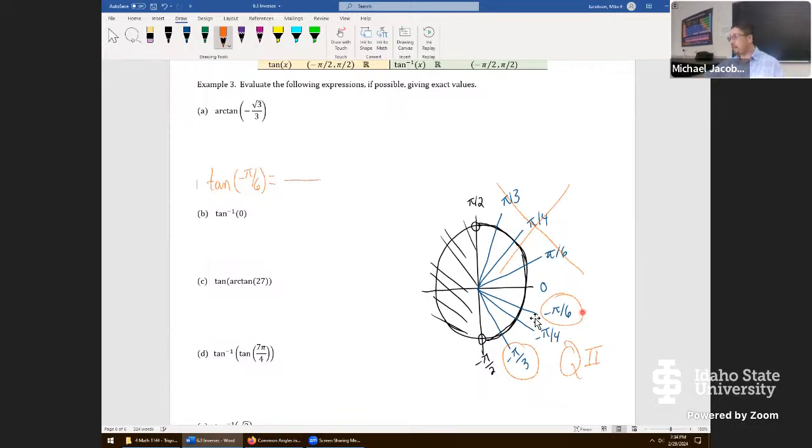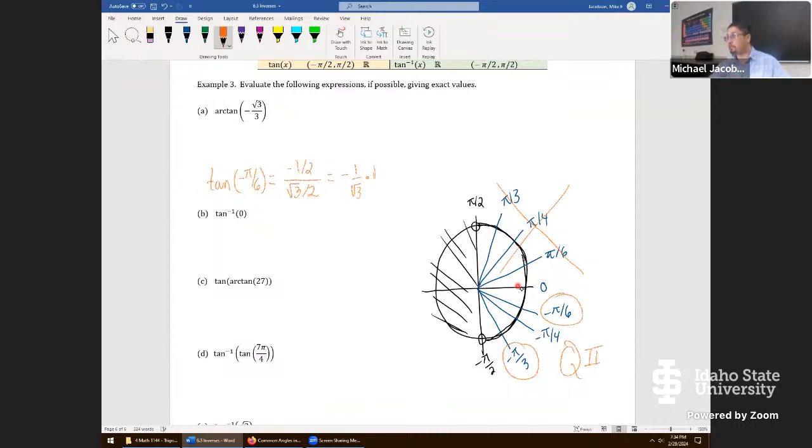And the numerator is the sine value for negative pi over 6. And that would be right here, negative 1/2. I already don't feel super confident. But hang on, I think rationalization might help us on this one. The denominator for negative pi over 6 is this value, root 3 over 2. It simplifies to negative 1 over root 3. And here's where rationalizing is actually a really, really good idea.